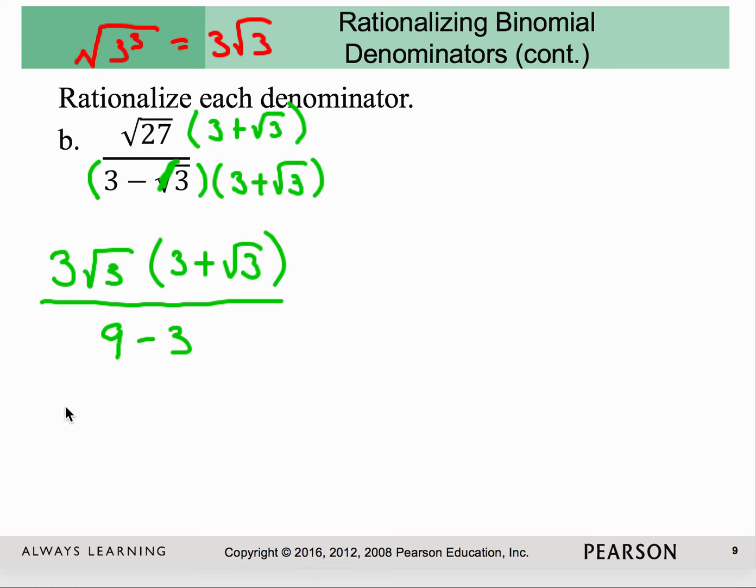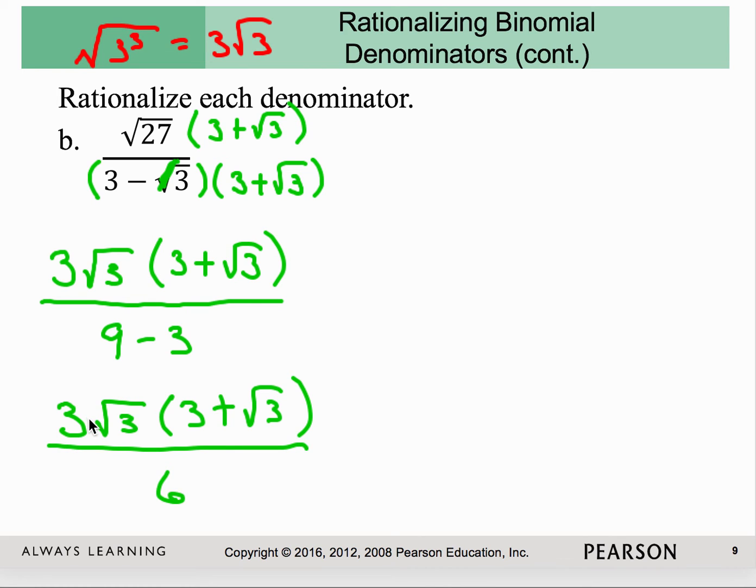Okay, so now I have 3 square roots of 3 times 3 plus square root of 3 over 6. Hey, this is all multiplied in the numerator, so I can divide that out. Just make my numbers smaller before I make them bigger.